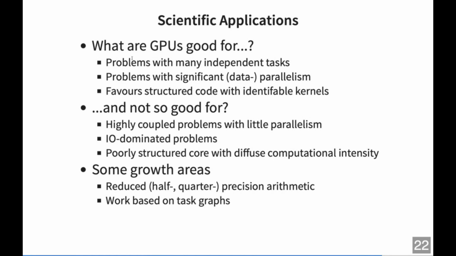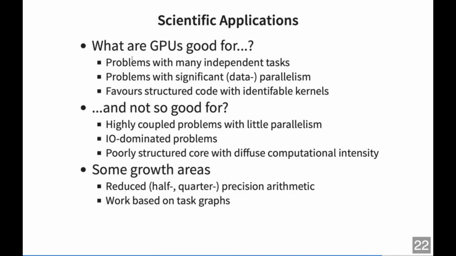When GPUs were first used for scientific applications, they often only had single precision floating point arithmetic, that is 4-byte floating point units, because they were only interested in rendering graphics problems.